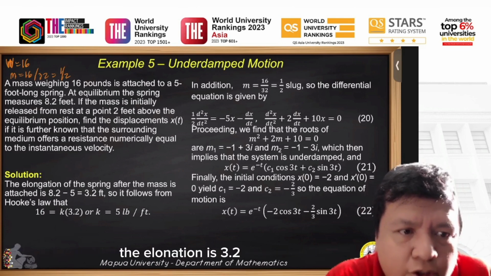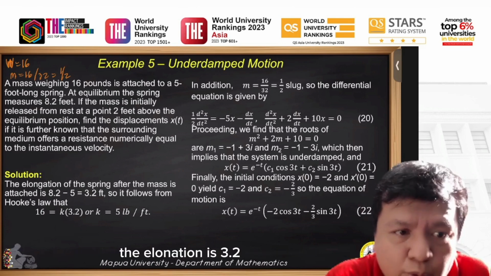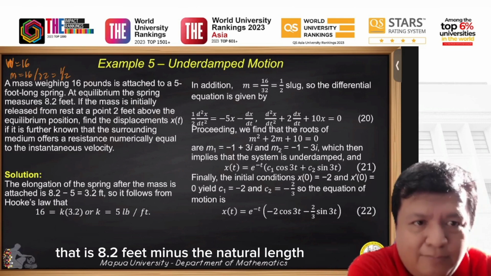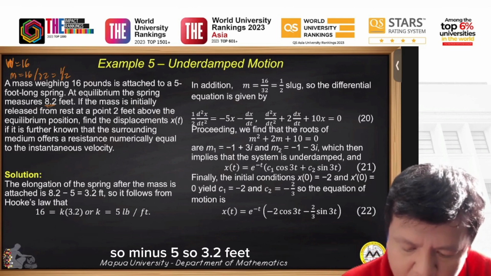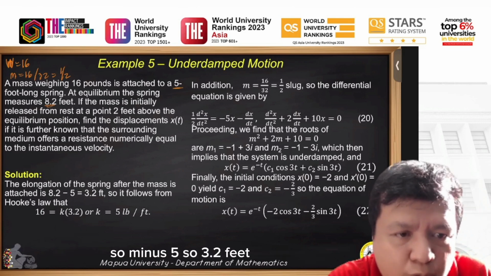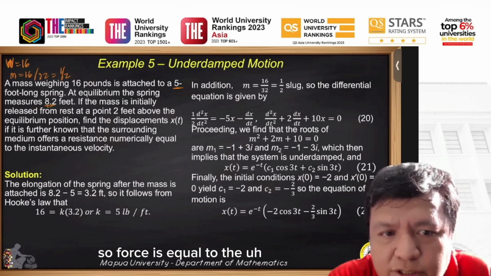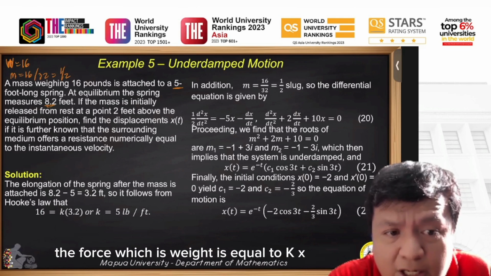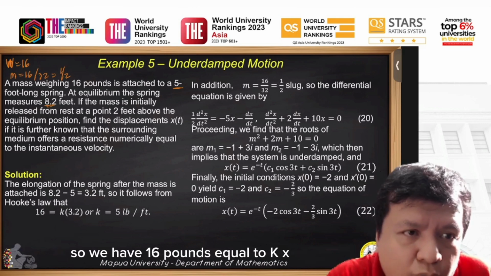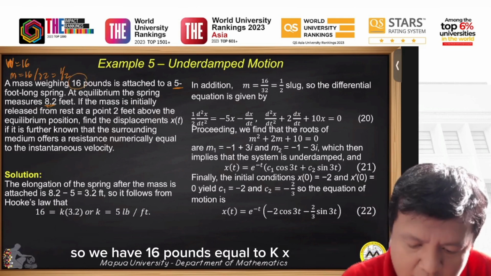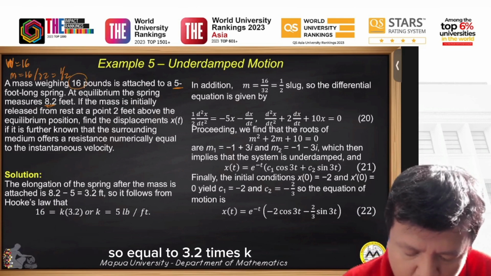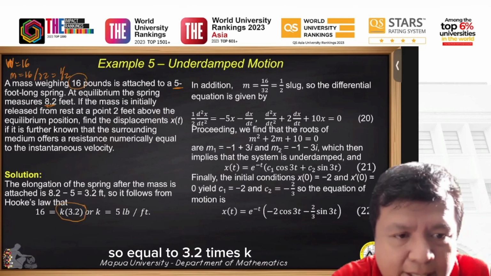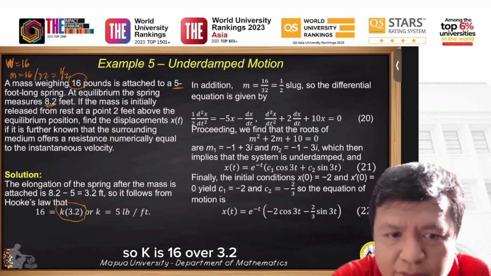The elongation is 8.2 feet minus the natural length 5, so 3.2 feet. The force, which is weight, is equal to kx. So 16 pounds equals 3.2 times k, so k is 16 over 3.2, that's 5 pounds per foot.